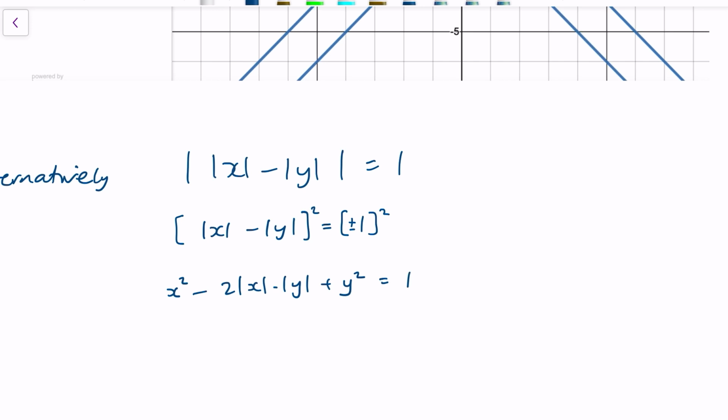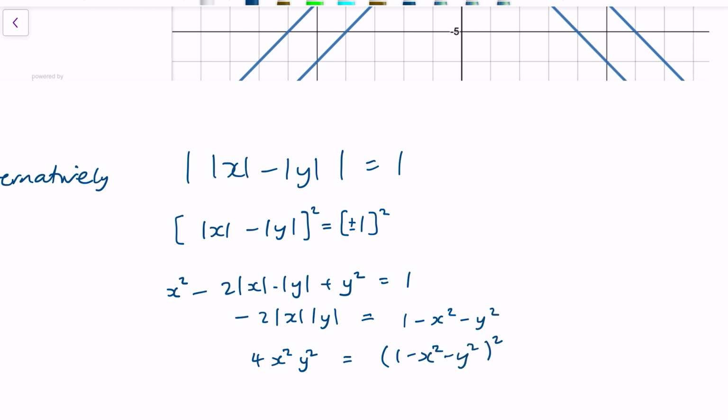And then that equals 1. And then I could move some stuff around. Then I could square both sides again. Now it gets messy.